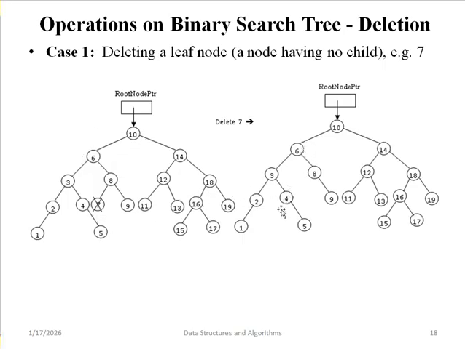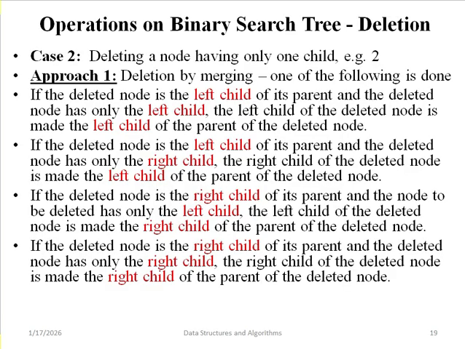After the removal of 7, we will have just a tree without node 7. This is very simple. Removal of any terminal node will not affect the binary search tree. So we can directly remove the node.